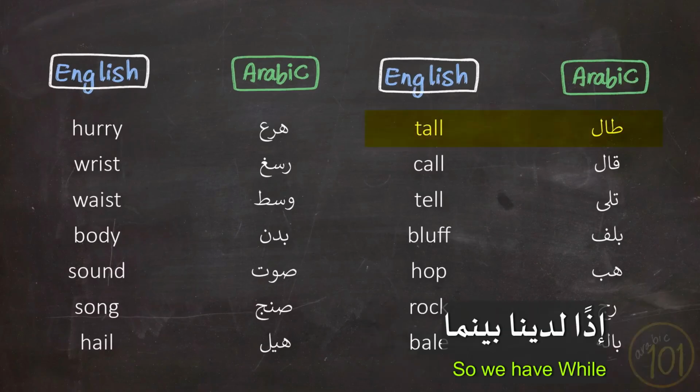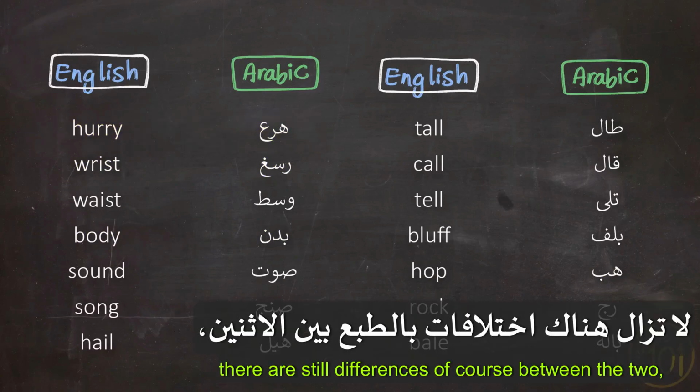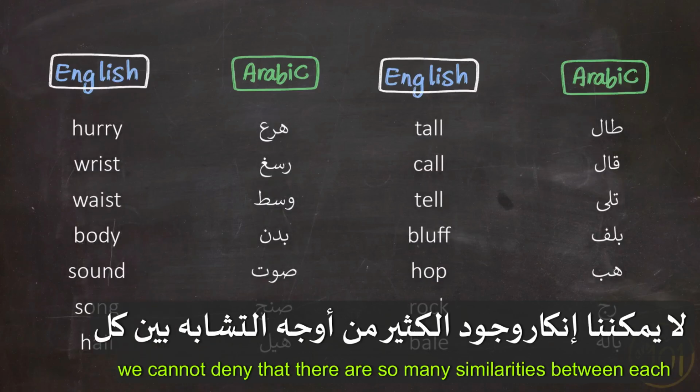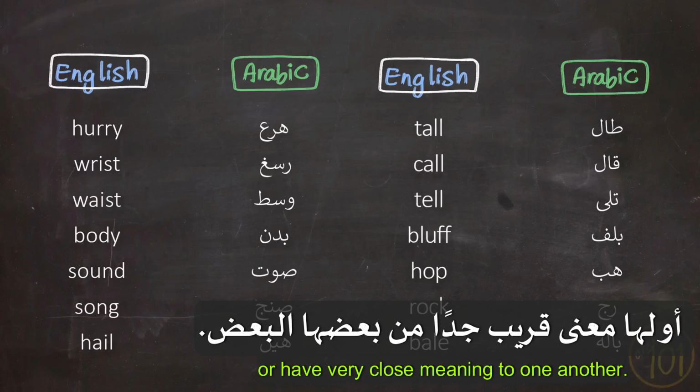So we have tal, tall; qal, call; tala, tell; habba, hop; rusgh, wrist; badan, body; hara'a, hurry. While there are still differences, of course, between the two, we cannot deny that there are so many similarities between each of these words that mean the same thing or have very close meaning to one another.